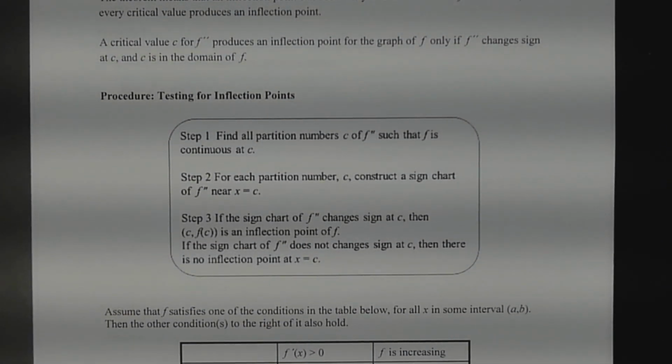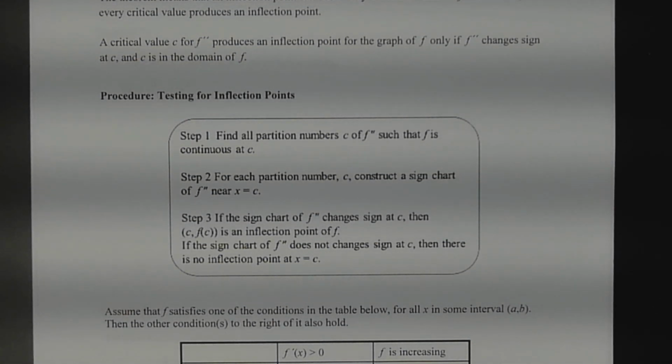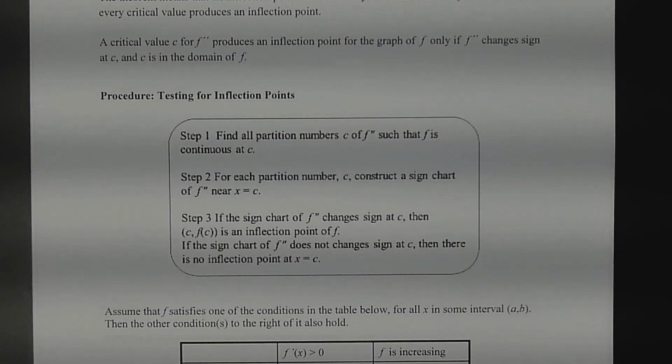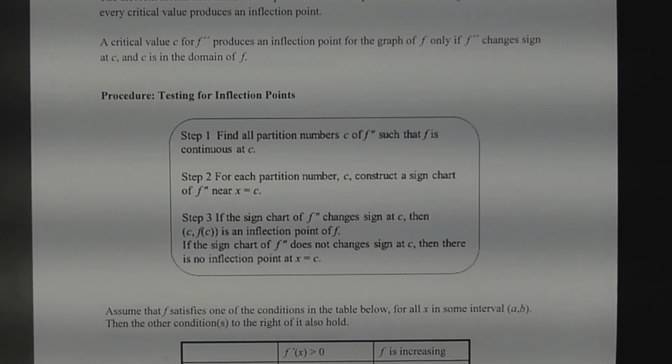If the sign chart of f double prime does not change sign at C, then there is no inflection point at x equals C.